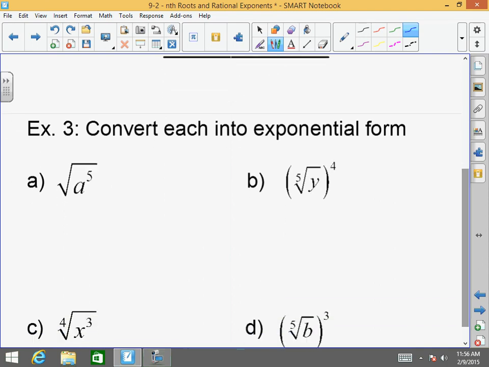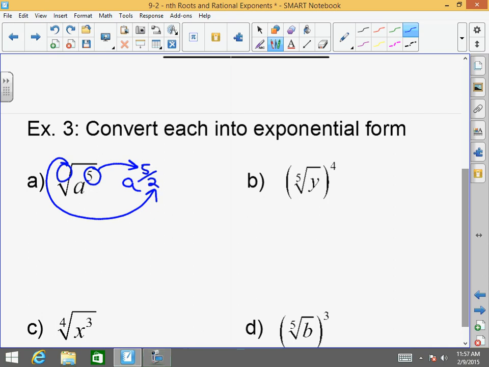Now I want you to convert these into exponential form. Well, the square root of a to the 5th is going to be a to the 5/2. Remember that the index is the denominator and the radicand's exponent is the numerator.